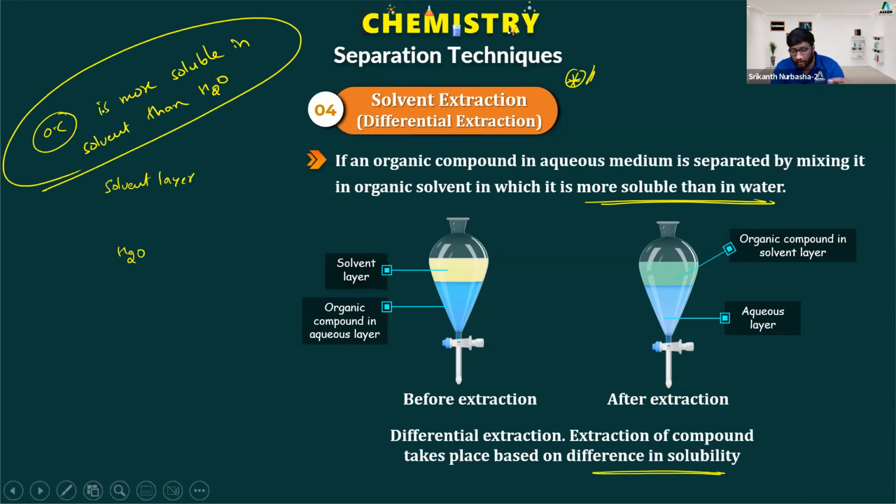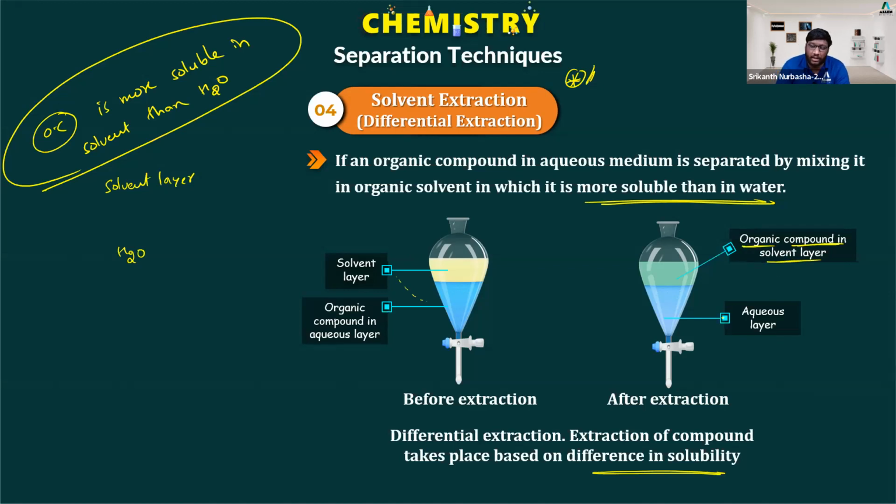Then obviously, whatever organic compound we have in the water will come out of the already present interactions and will develop new interactions with the solvent. Because of that, what will happen? In the solvent layer itself, we will have all the organic compound.